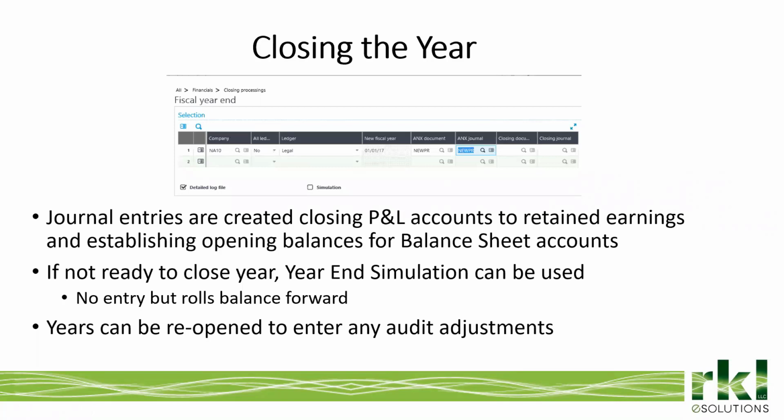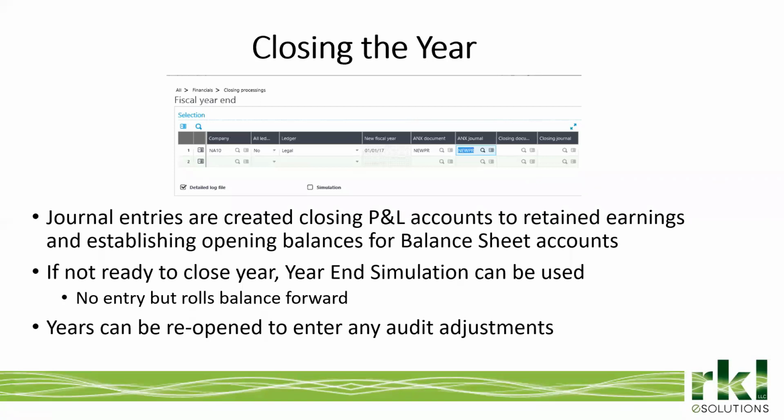Make sure that all ledgers are set to no. Just to note, you're just going to close your legal ledger for now. And this new fiscal year will be fiscal year 2020, obviously. Then you'll want to tab through and make sure that those NEWPRs I previously mentioned are present, which you can see. And you may want to run the simulation, which we'll talk about in a minute.